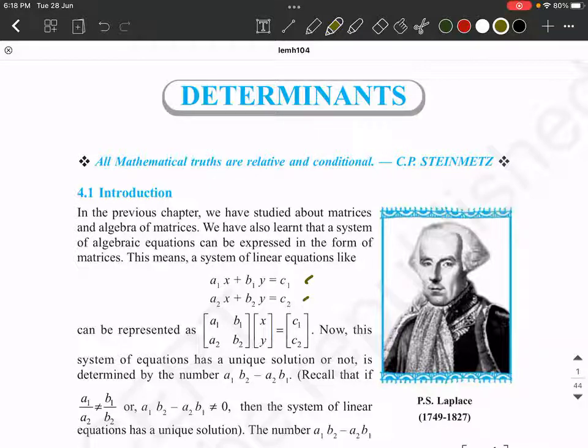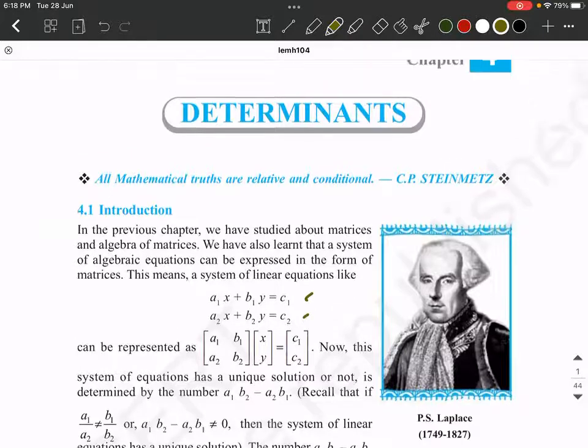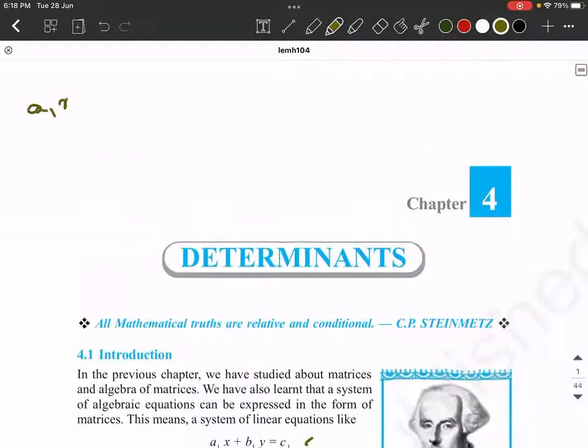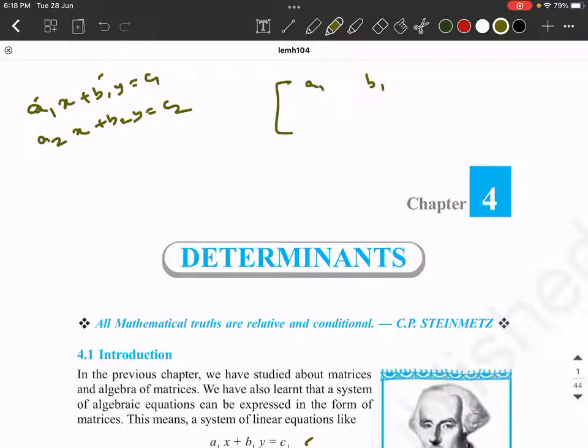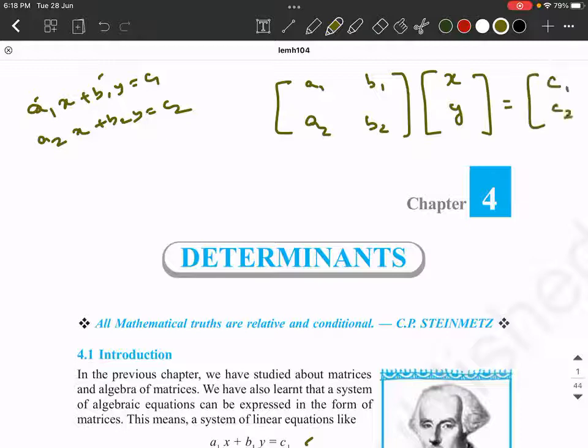So now what we are going to do is, if I have an equation a1x plus b1y is equal to c1 and a2x plus b2y is equal to c2, then I will take a1 and b1 along the first row of a 2 cross 2 matrix and a2, b2 along the second row, and I will make the variables a column matrix, so that if I multiply these two, I'll get another column matrix, c1 and c2.